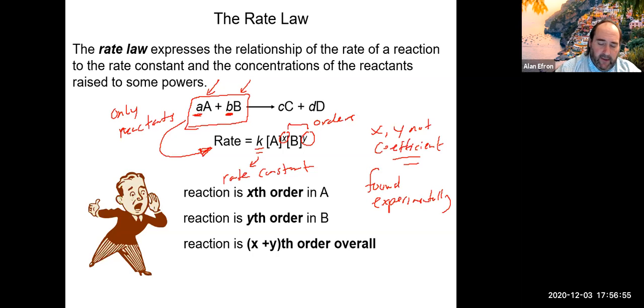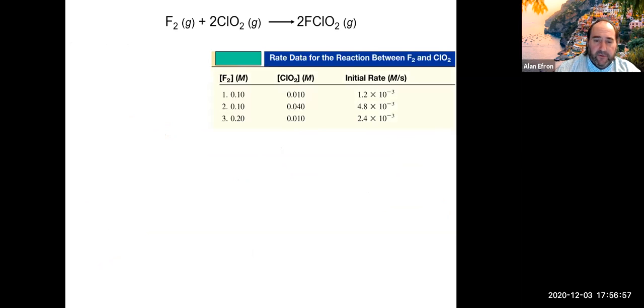So why don't we take a look at a typical rate law problem together. In this reaction, we have F2 plus ClO2 goes to FClO2. And this is a typical kinetics table given in these problems.